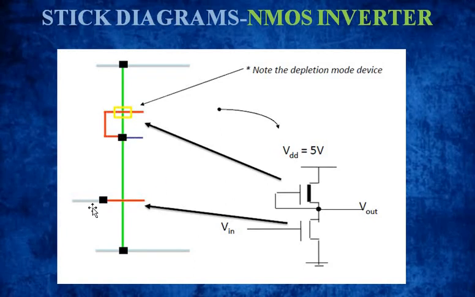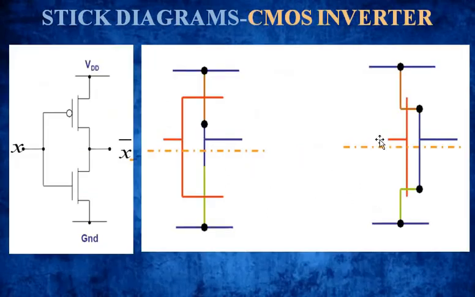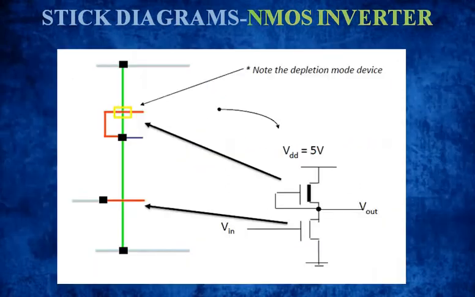Then from here you can also use a blue line for the inputs. This blue line is used for your Vin at the enhancement mode device. This is the enhancement mode N transistor, and this is the depletion mode device.